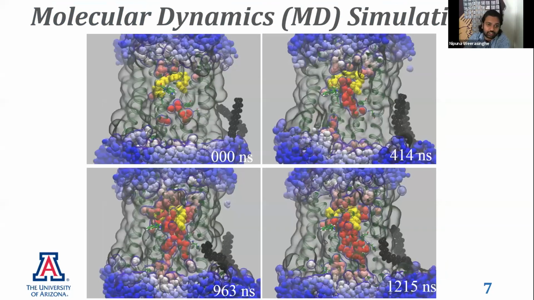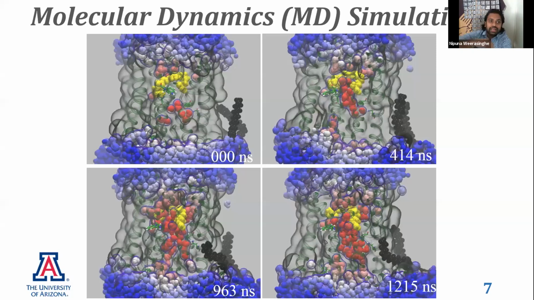The top left picture represents the dark state rhodopsin. Bottom left represents the meta 1 state, and the bottom right represents the meta 2 state. As you can see from these pictures, meta 2 is more highly hydrated than the meta 1 state. So this is contradicting the X-ray crystallographic data.